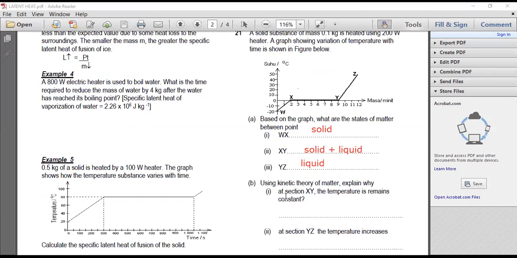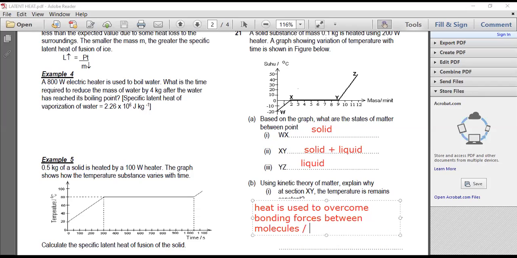Now, using the kinetic theory, explain why at section XY the temperature remains constant. Why during XY does the temperature remain constant? You can say heat is used to overcome bonding forces between molecules.